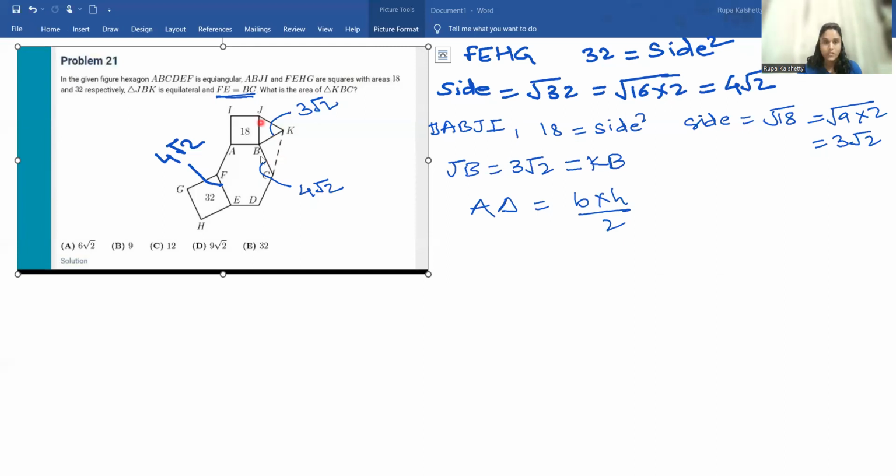But do we know if this triangle is a 90-degree triangle? Only then you can take your KB as height and BC as base. So first we need to prove that KBC is a 90-degree right triangle. And how will we do that?